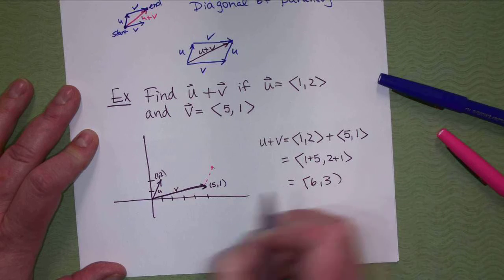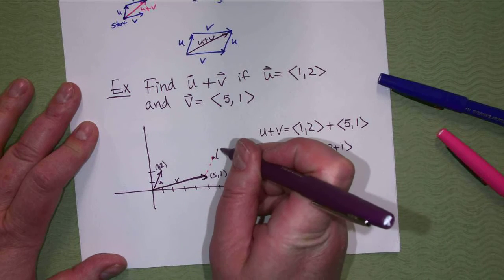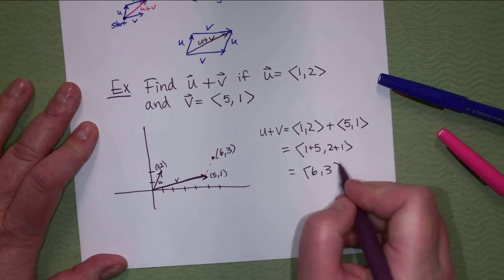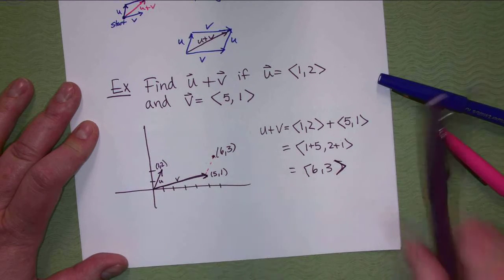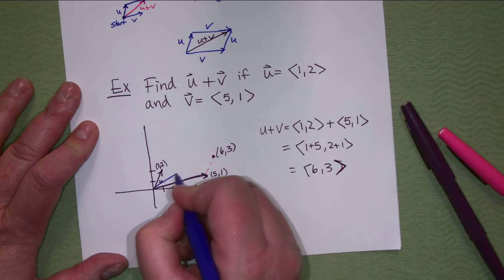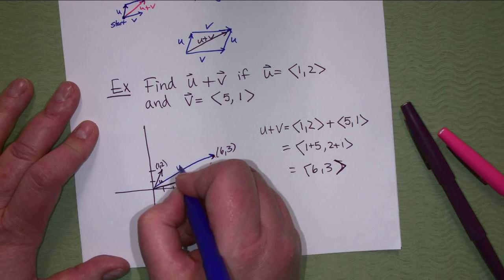So in standard position, this is the vector U plus V.